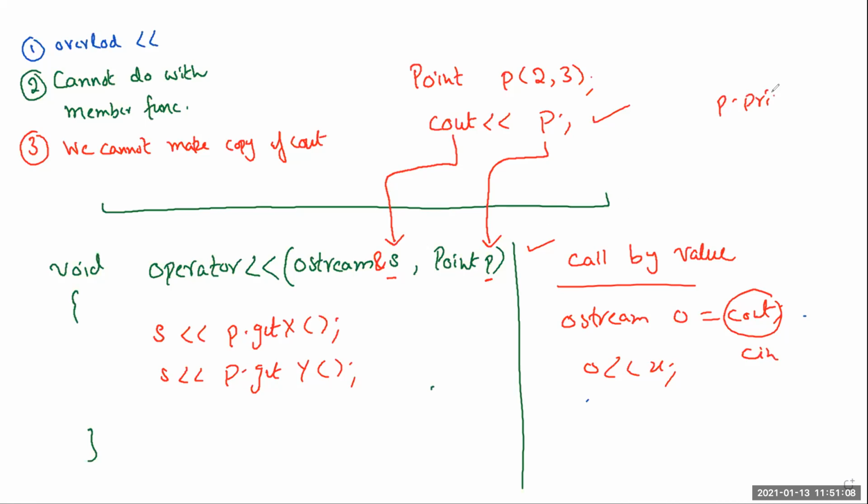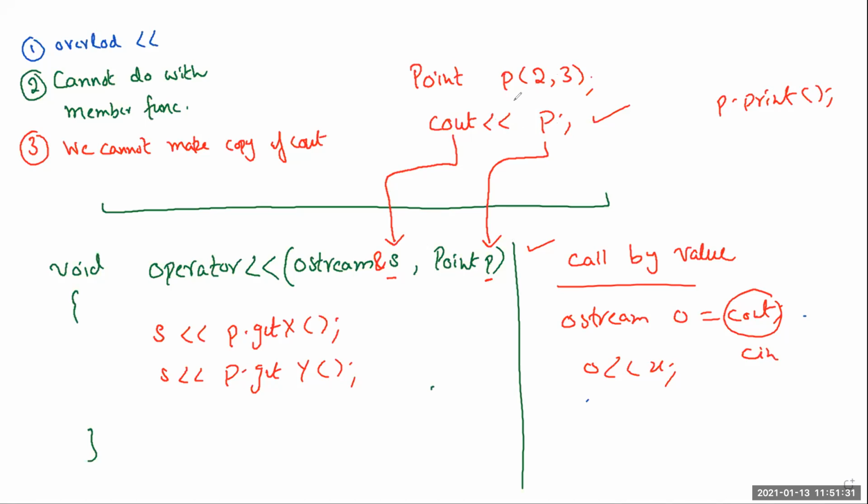You used to make a print function, but instead of making a print or a display function, if you overload this operator, you will be able to display the data members of a class just like you display an integer. You just write cout, this operator and the object, so all the data will be displayed, right? This is the point, but of course you can overload it for student or employee or anything else, right?